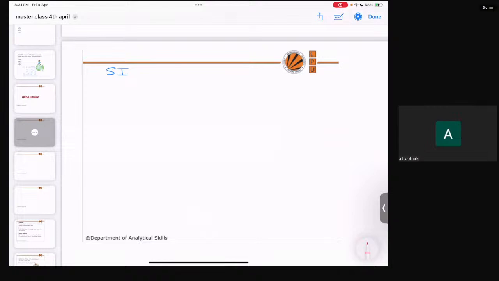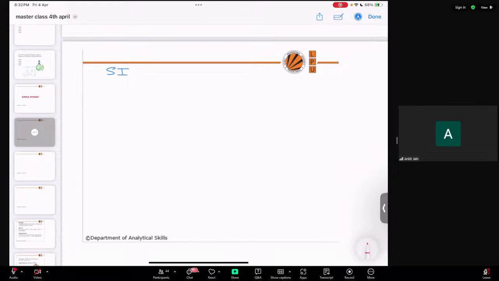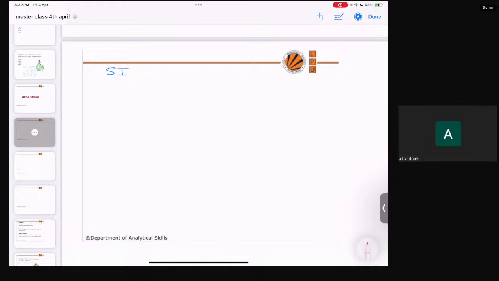What is your understanding about this topic? Any one of you can answer. What is the difference between SI and CI, simple interest and compound interest?